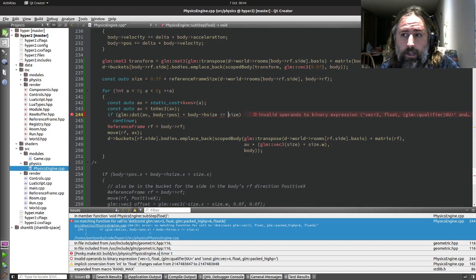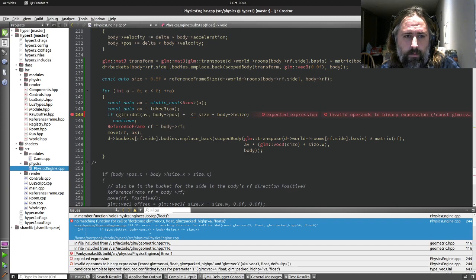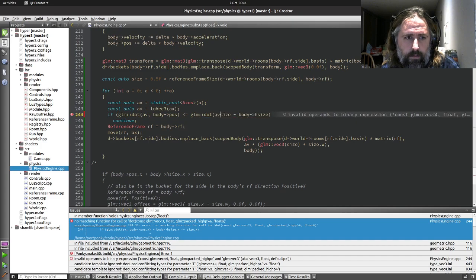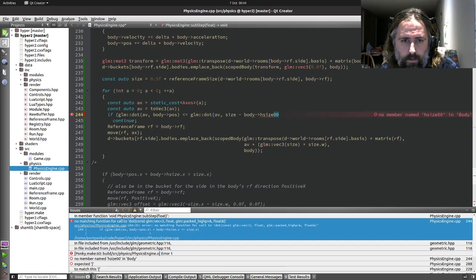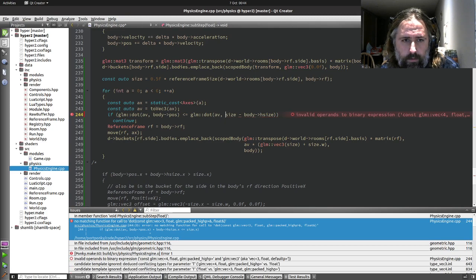Well, a little bit of algebra never hurt anyone. Let's subtract h size there, and we can dot that against AV. But I don't actually want it to be negative. Okay.